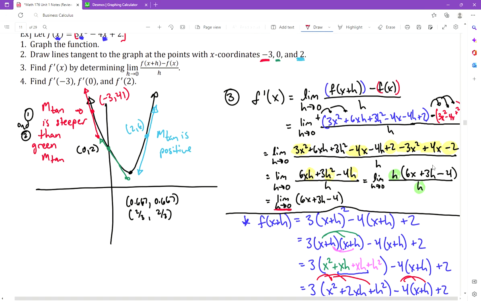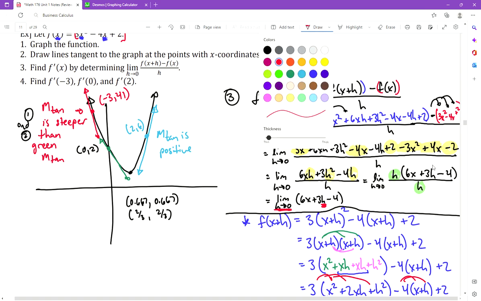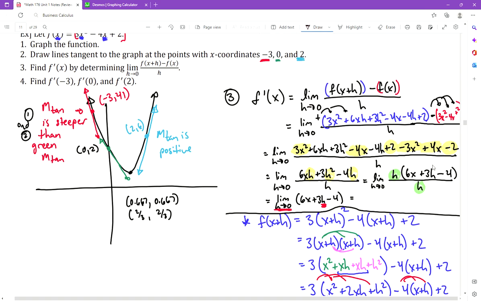This is telling us to change that h to 0, and the x stays x. So it would be 6x plus 3 times 0 minus 4. Well, 3 times 0 is 0, and so this is 6x minus 4.